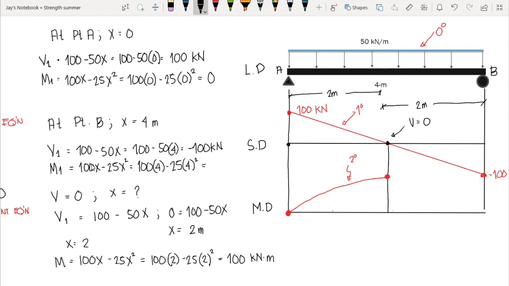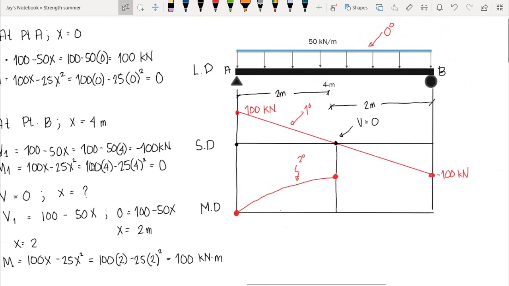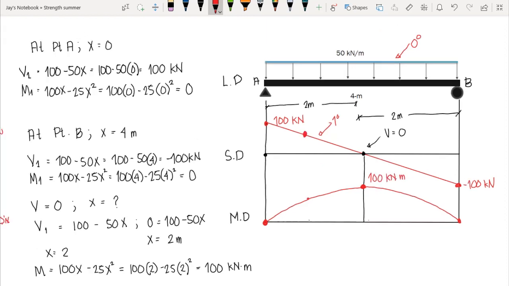This gives us the value of 0. Again, it is 0 since we are at the roller support. The maximum moment here is 100 kilonewton meter. And our moment diagram here, again, has a frowning curvature since our shear diagram is decreasing. This is in second degree order.